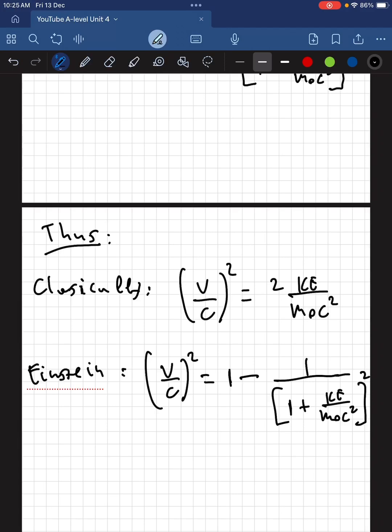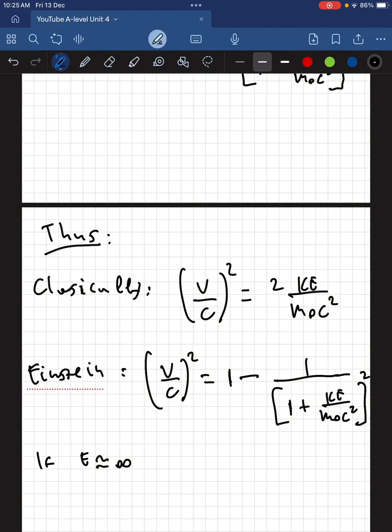So what does this tell us? Imagine the kinetic energy becoming infinitely huge, such as in a linear accelerator. Let's assume that the kinetic energy is infinite. Then we get infinity squared, which gives us infinity, so we get 1 over infinity, which is 0. So v squared over c squared gives us 1. So the largest possible velocity is the speed of light.